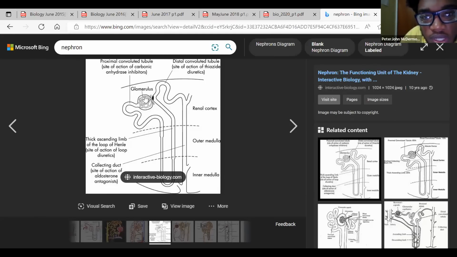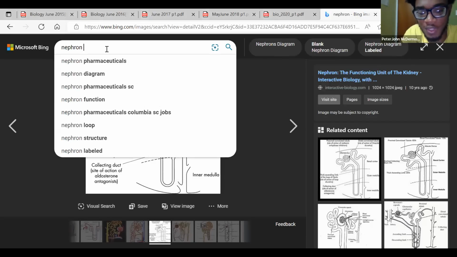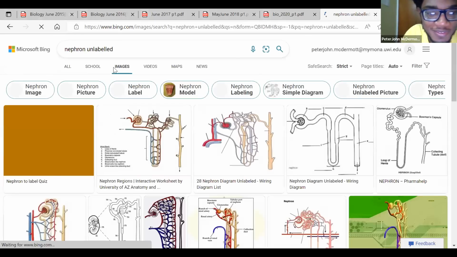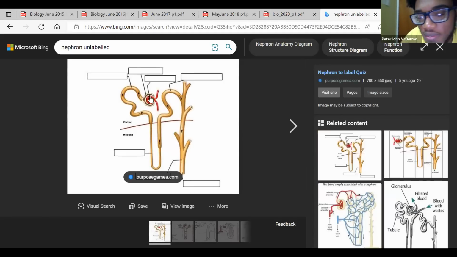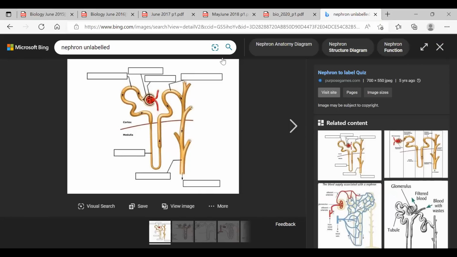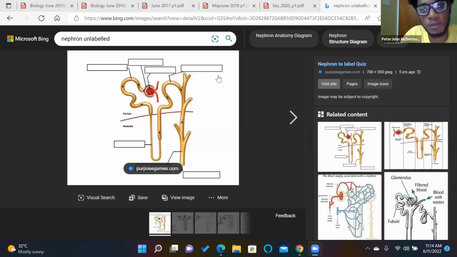So right here, let me just describe it really quickly. So this is the glomerulus. What's this? That's on the screen. You guys can't see? No, sir. All right, let me reshare. You guys can see now?